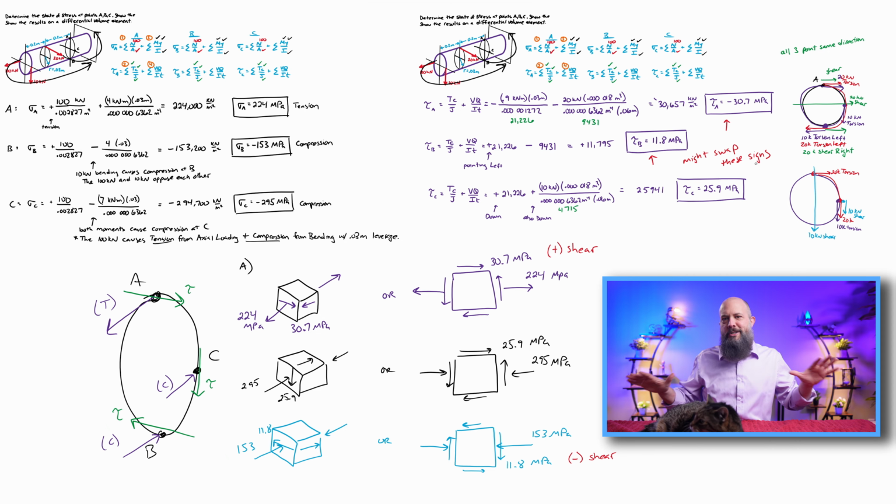But ultimately, I will still maintain positive and negative signs, super important for normal stress because that tells you tension or compression. Much less important is the sign convention for shear stress. Although it does become relevant later on when you're deciding which direction you want to rotate your object to align an axis.